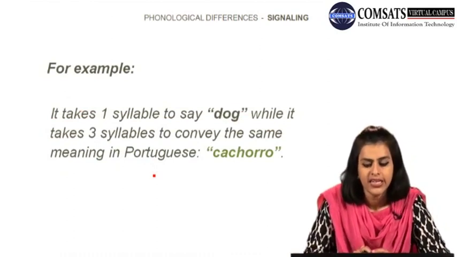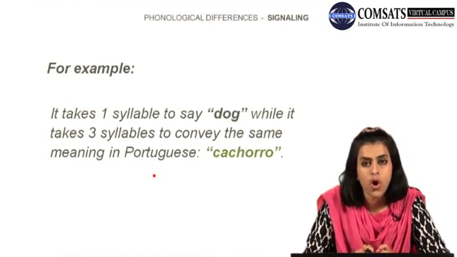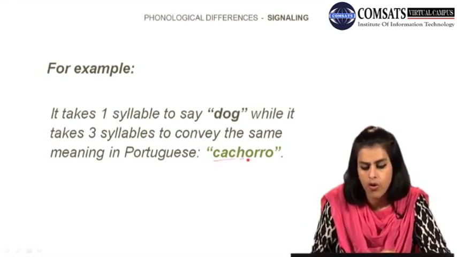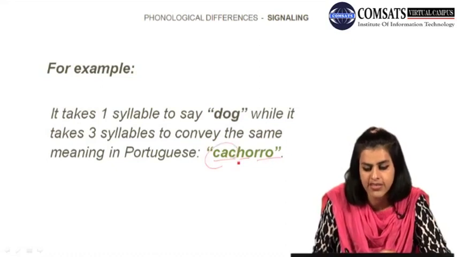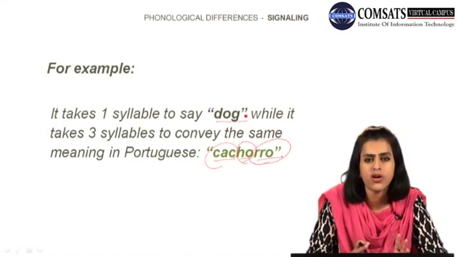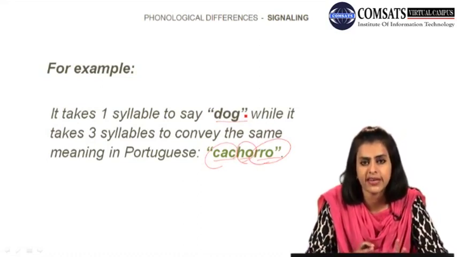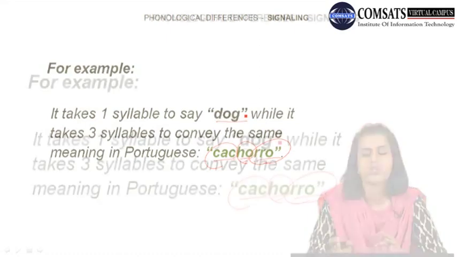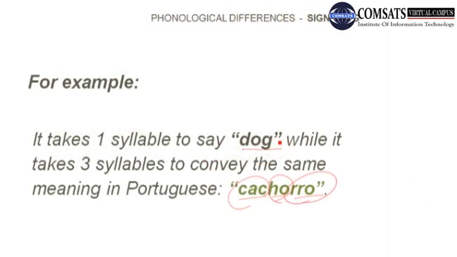For example, it takes one syllable to say dog, while it takes 3 syllables to convey the same meaning in Portuguese, cachorro. So there are 3 syllables in the Portuguese word. The syllables, or the phonetic signaling, would differ from language to language.